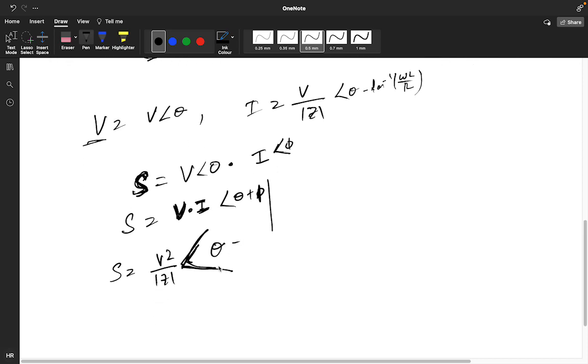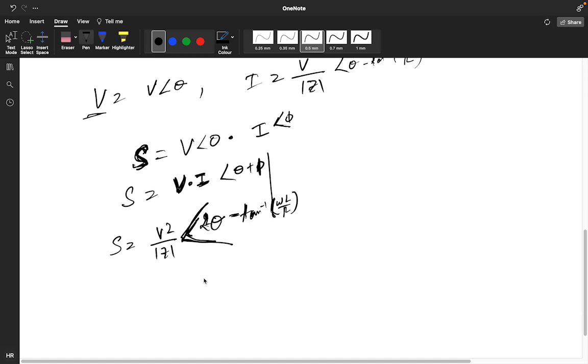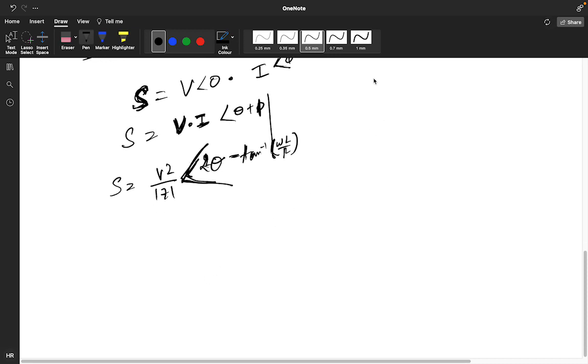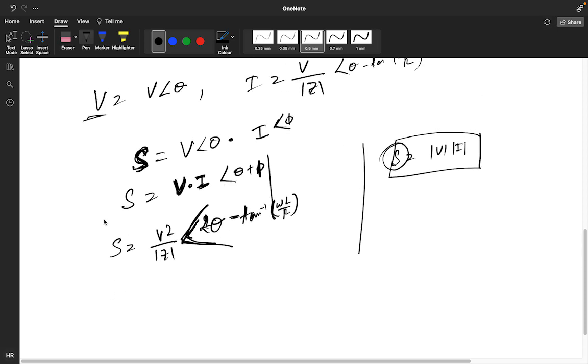You are getting 2 theta minus tan inverse omega L by R. And you know that S is also written as mod V into mod I. By this way you can calculate the overall power.